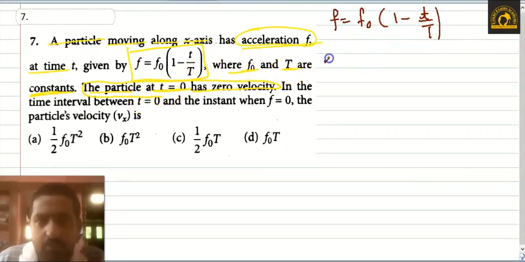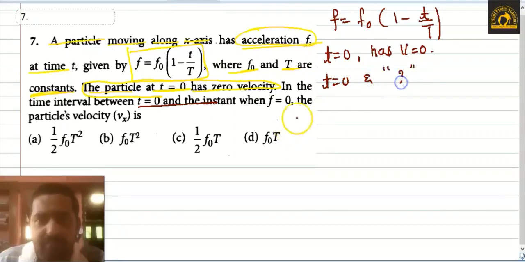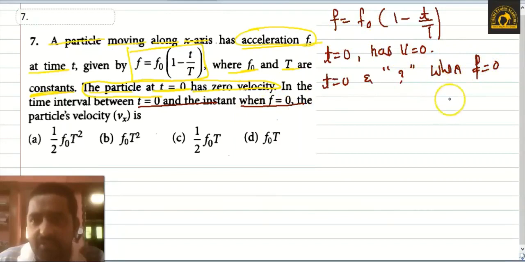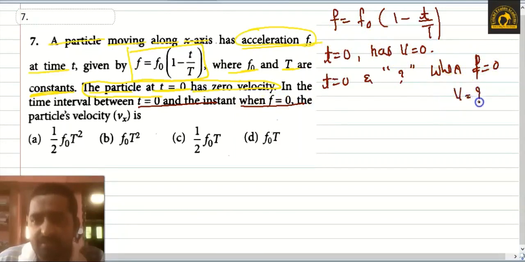The particle's acceleration is f is equal to f naught into 1 minus t divided by capital T, where f naught and T are constants. At time t is equal to 0 it has 0 velocity. So in the time interval between 0 and an instant of time, when f is equal to 0, that is acceleration is equal to 0, what about its velocity?